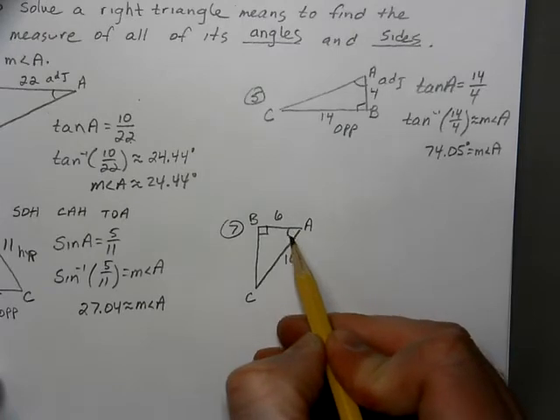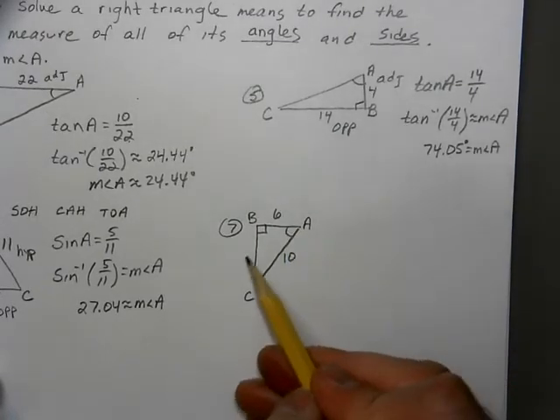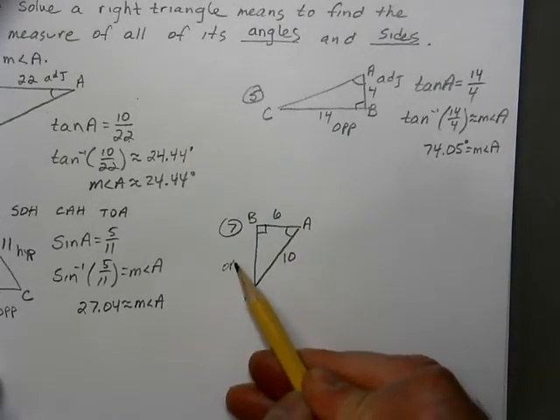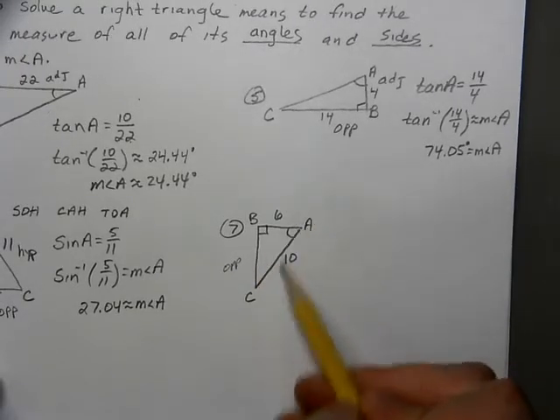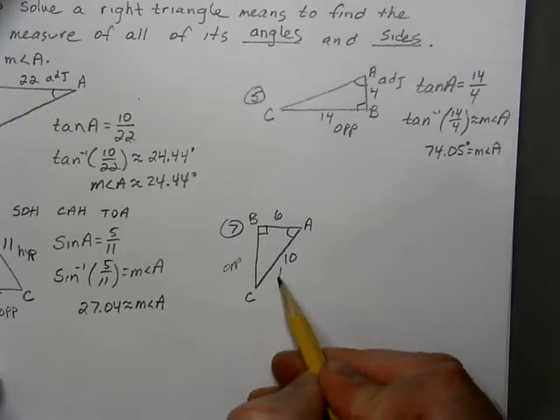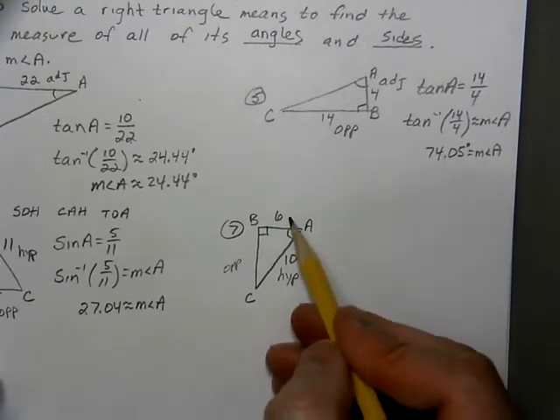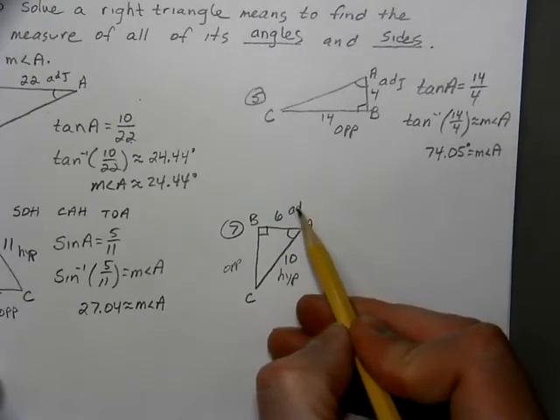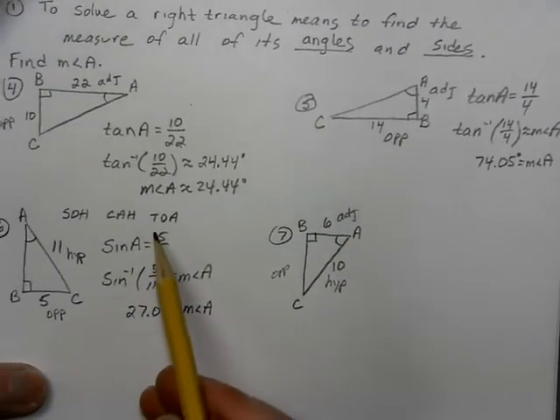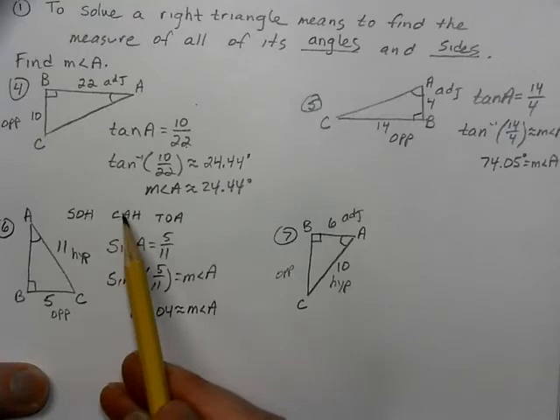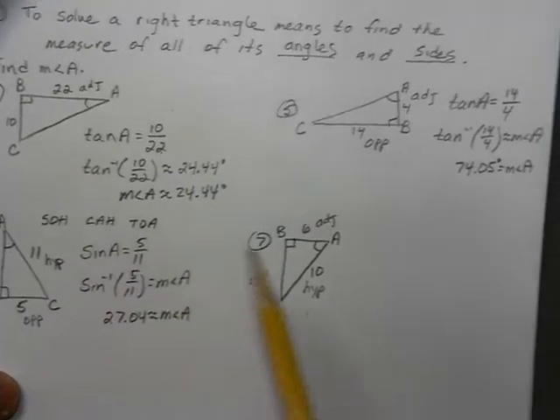Here we have angle A. So opposite is across from it. Well, we're not dealing with that side. Hypotenuse is always across from the 90. And the adjacent is next to. So we know using SOHCAHTOA that cosine is adjacent over hypotenuse.